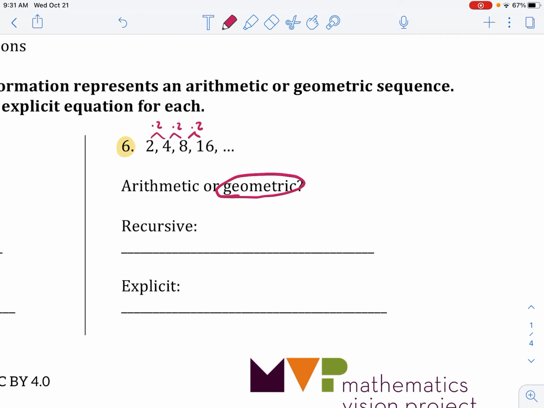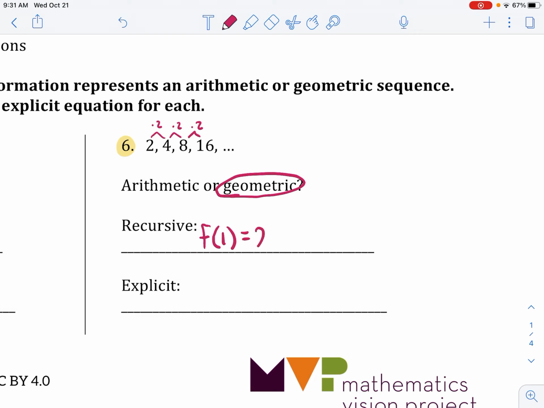The recursive equation, I'm going to start with my start value. The first term was 2. Then f of n equals f of n minus 1, and my action was times 2.